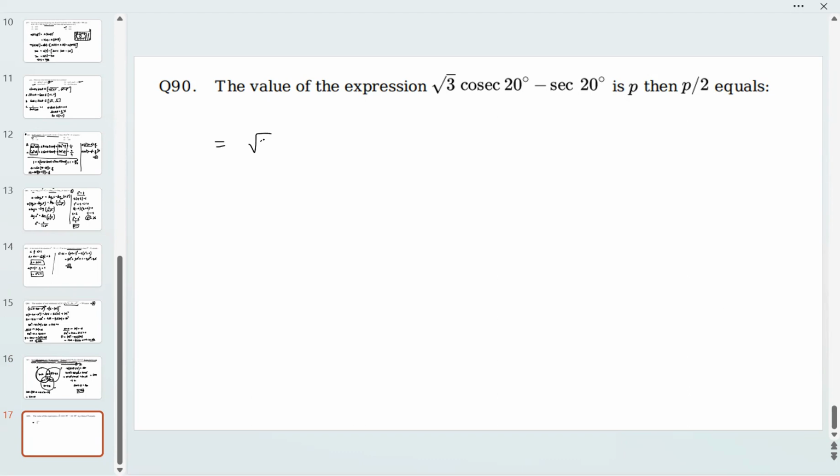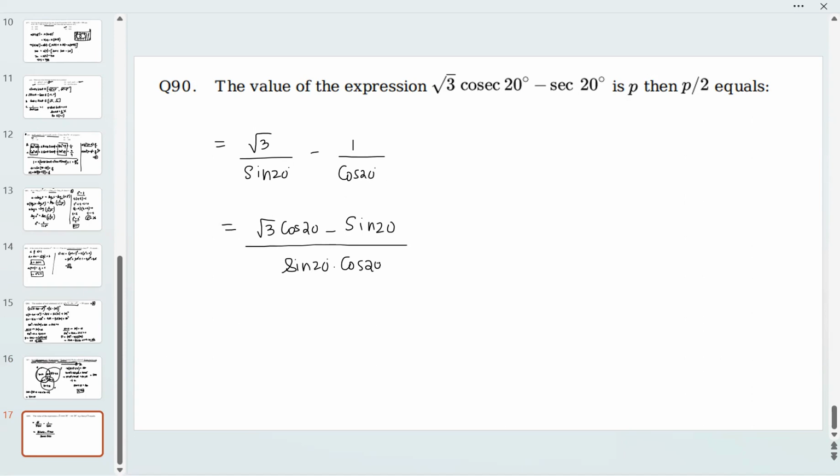So I can write root 3 upon sine 20 degrees minus 1 upon cos 20 degrees. If we cross multiply, we will get root 3 cos 20 minus sine 20 upon sine 20 into cos 20.